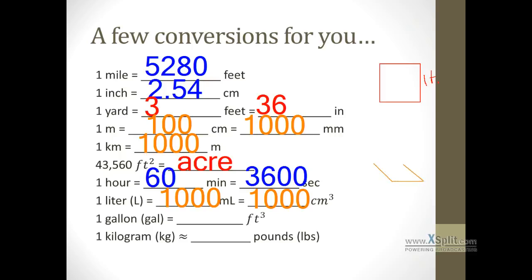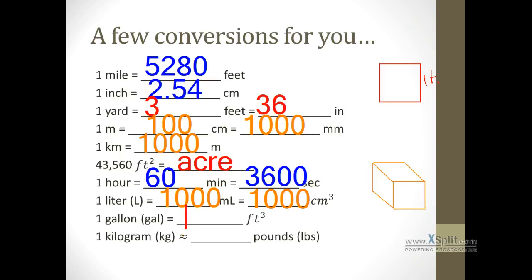If you imagine having a bunch of centimeter cubes that are 1 centimeter by 1 centimeter by 1 centimeter. Look at a ruler. 1 centimeter is relatively small. Think of a cube that's 1 by 1 by 1 centimeter. 1,000 of those would fit in a bottle of soda that is 1 liter.